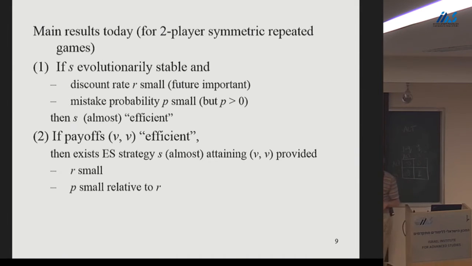And furthermore, and this is a point that doesn't come up in the first result, the mistake probability is small relative to r. And you will see why both P and r are small, but it's important that P be small relative to r for this second result to hold.